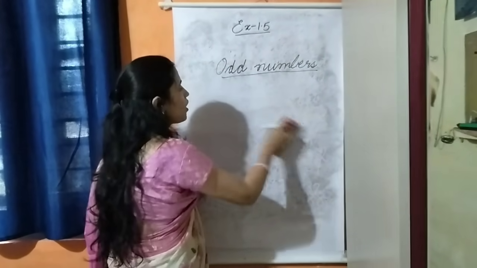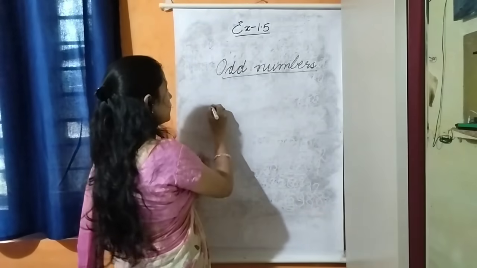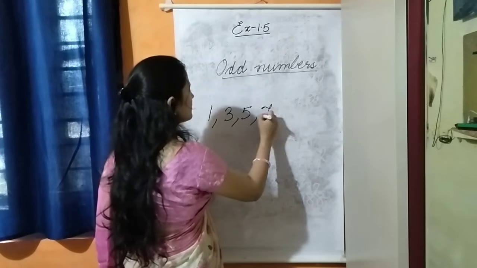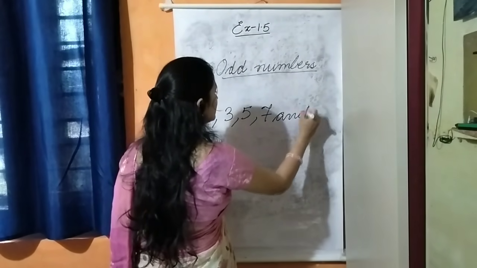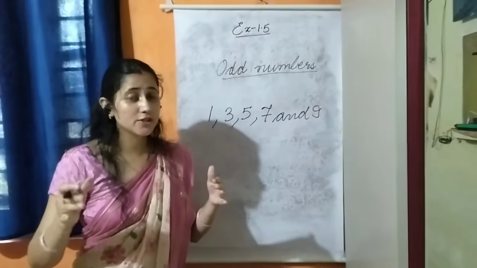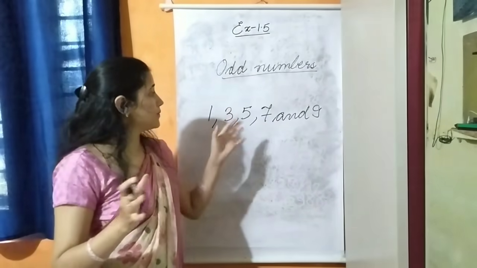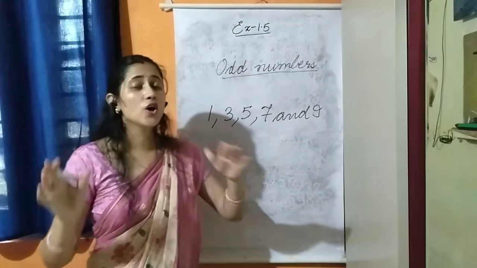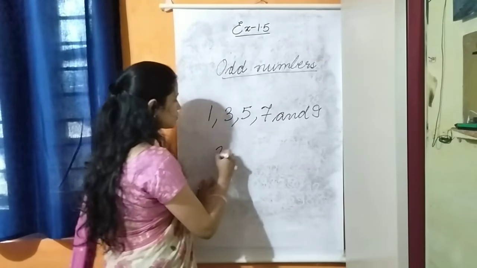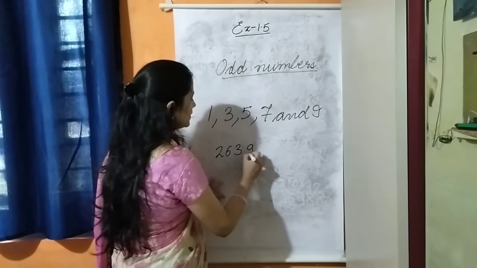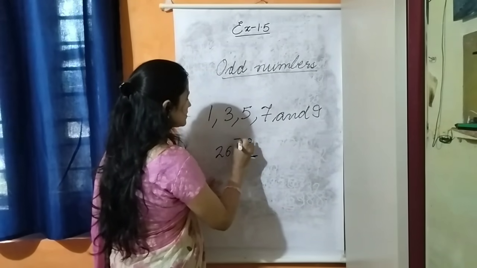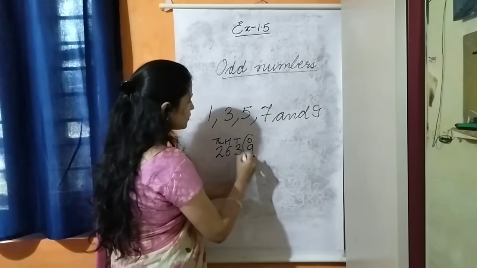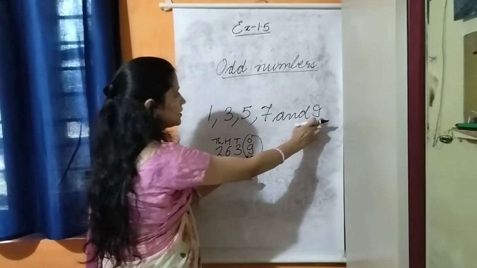Now students, all the numbers which have 1, 3, 5, 7 and 9 at their ones place are odd numbers, okay. Like 2639. Ones, tens, hundreds, thousands. Which number do we have at ones place? 9.